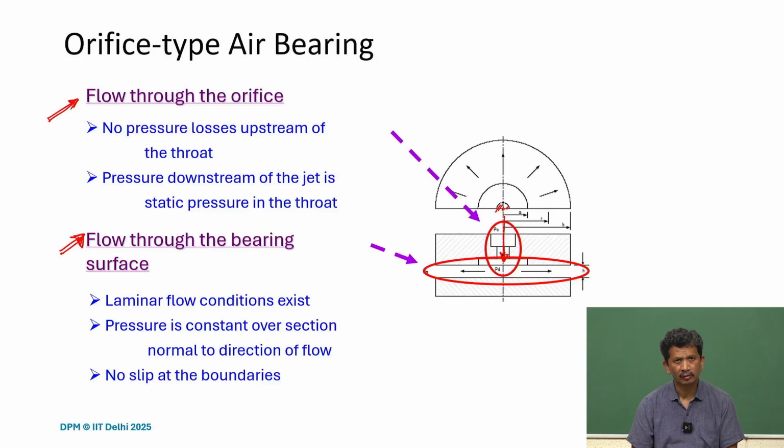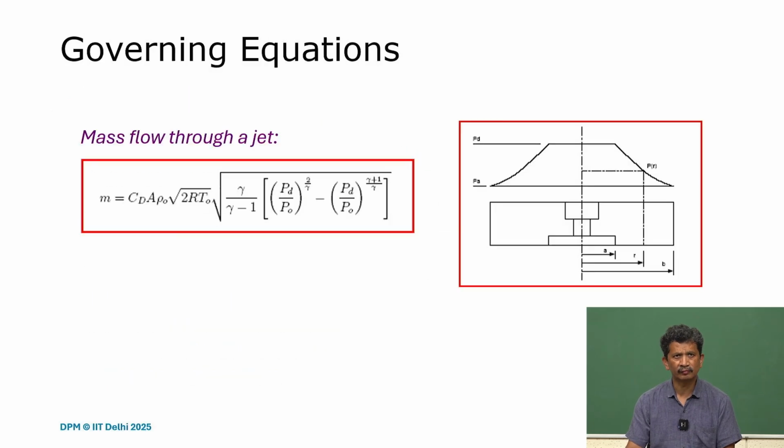Here also what we assume is that the flow is laminar and the pressure is constant over any section normal to the direction of flow, and there is no slip at the boundaries. So these are the basic assumptions, and we consider laminar flow, and then we do the analysis.